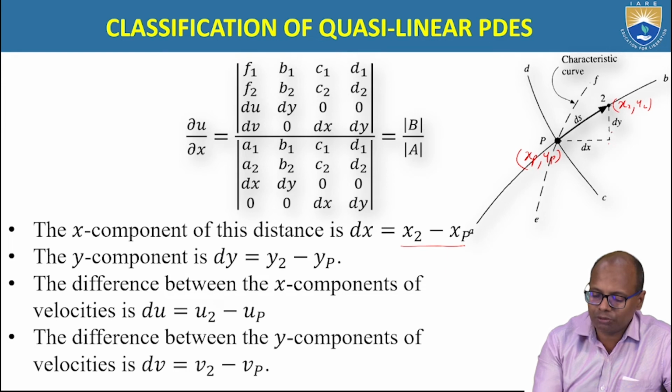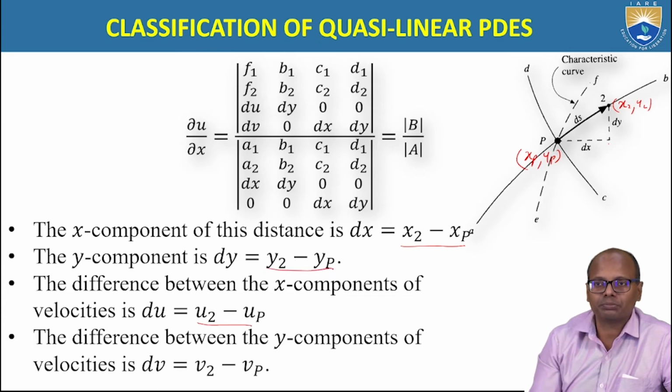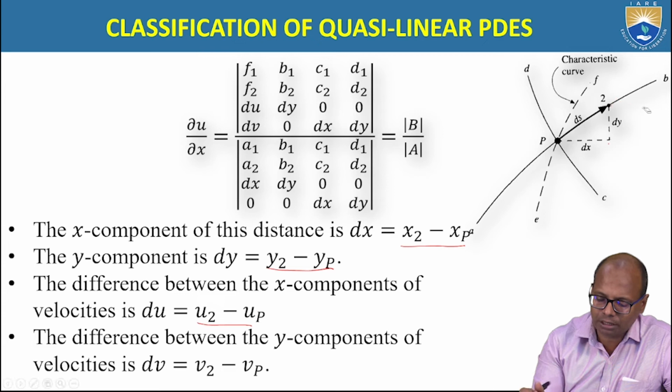The distance moved in the y direction is the difference between the y coordinates, and that is equal to y2 minus yp. Now as we have already assumed that the velocities are unique at the given points, if I consider velocities, the velocities are up and vp at this particular point, and here it is u2, v2.